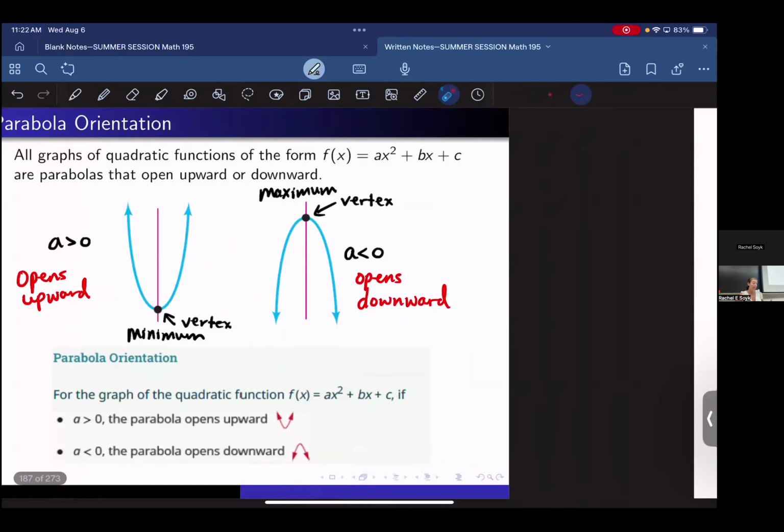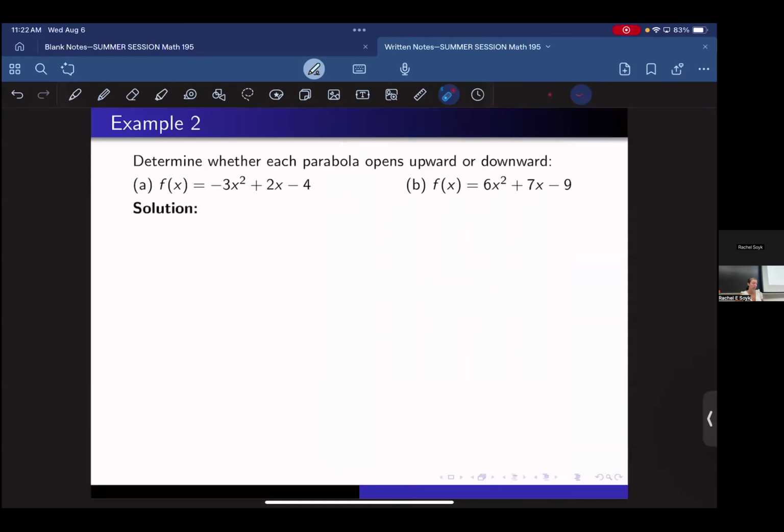So now knowing that, let's look at example 2 where we're asked, does the parabola in part A open upward or downward, and then the same with part B. Again, just look at your a value. Our a is -3 for part A, whereas our a is 6 for part B. Is -3 positive or negative?